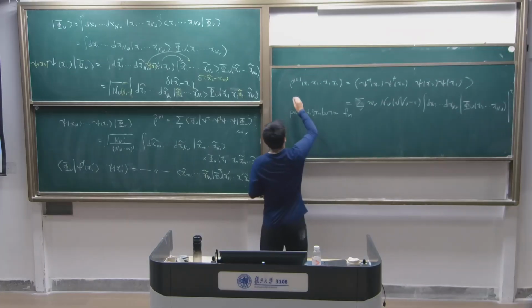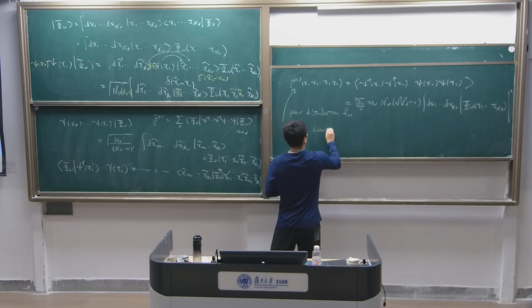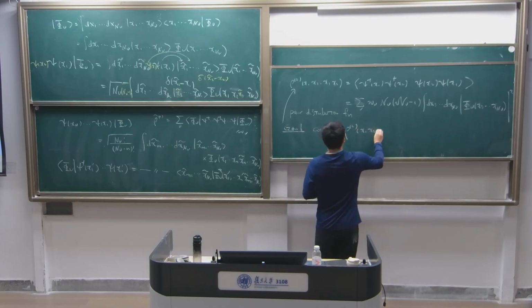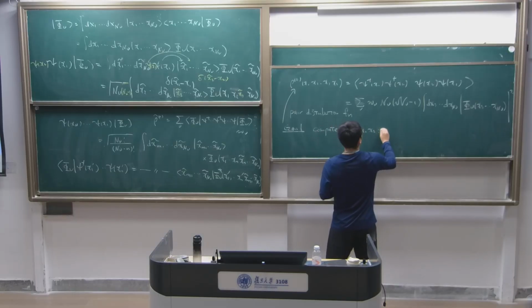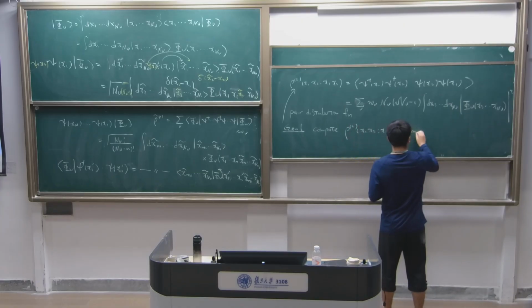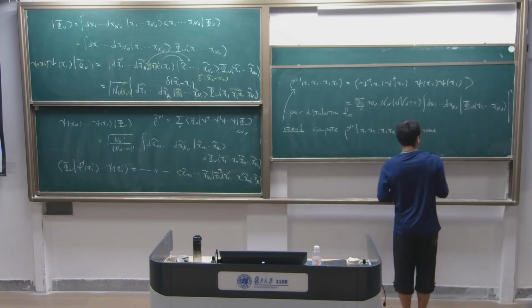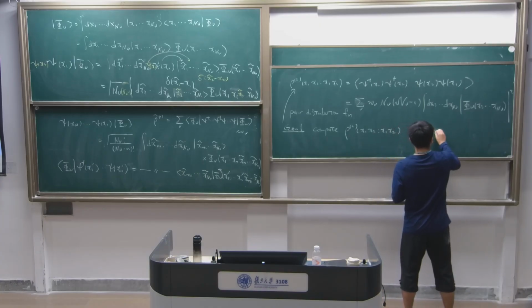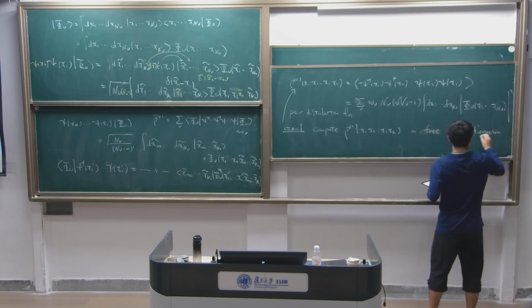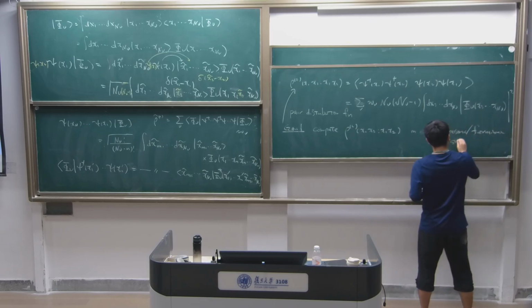So the goal is to compute rho of 2, x1 x2, x1 x2, in some simple system. Free boson or fermion. Periodic bosonic system.